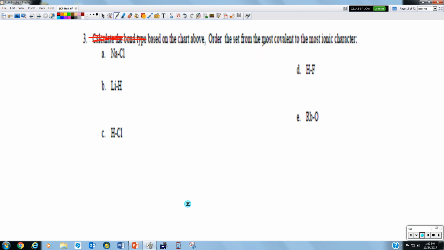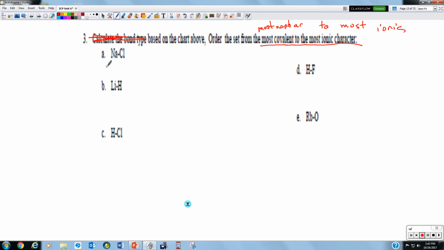So we're going to order these from the most covalent, most nonpolar, to most ionic, which ultimately is the most polar you can get. All right, so real quick, let's just do this from what we know.